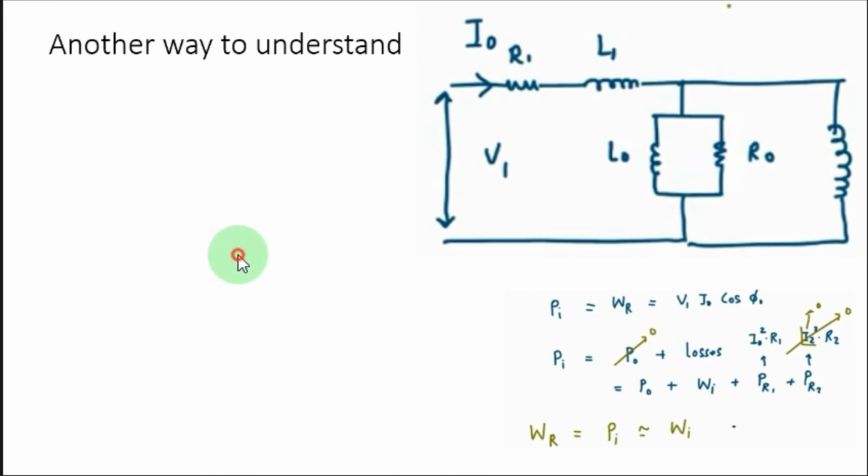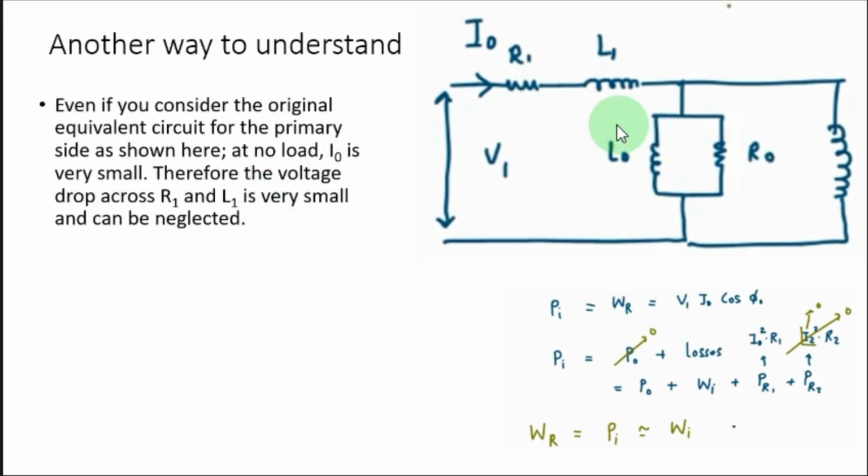If you look at this diagram, where you are applying V1 here, R1 is here, L1 is here, and this is L naught and R naught, on the primary side. So at no load, I naught is very small.